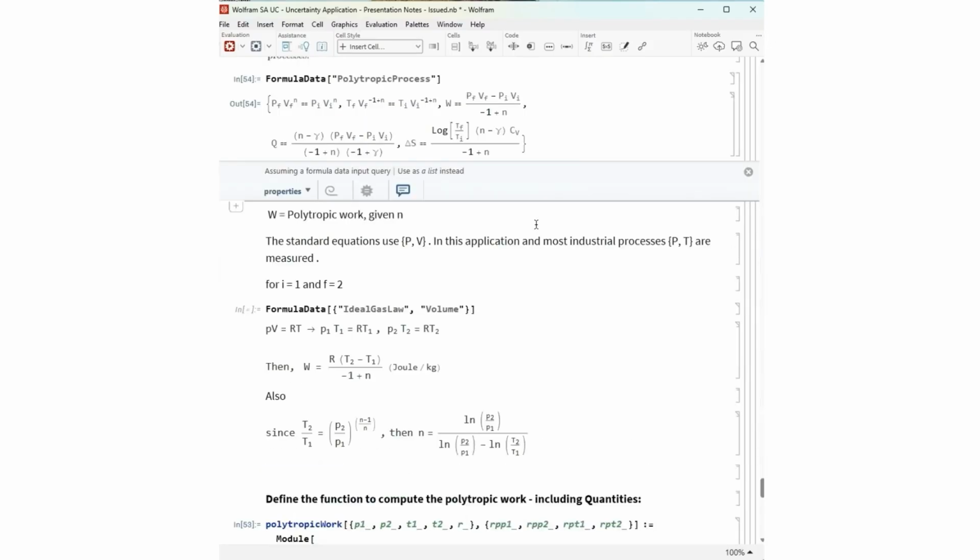In these forms, the relationships are related to volume. However, it is not convenient to use specific volume because this value is not directly measured with the instruments.